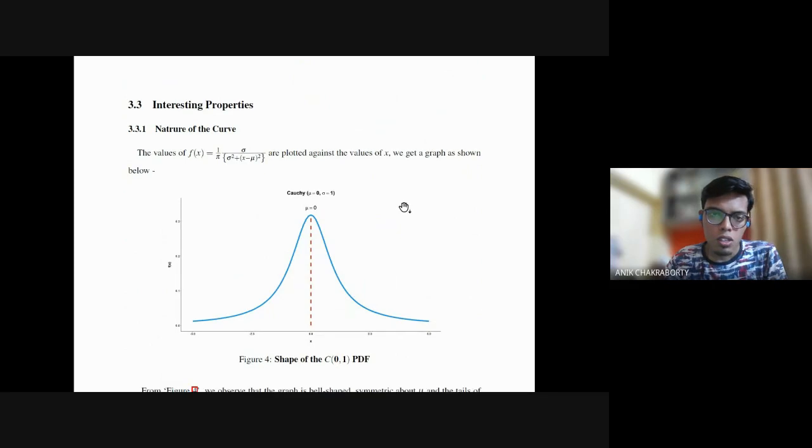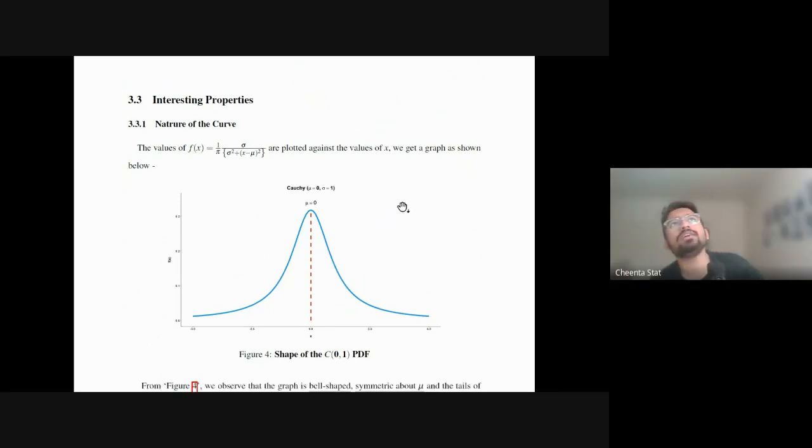I think this is the interesting reason why the errors can also be modeled by Cauchy: heavy-tailed errors. In the normal, the tails are not heavy; the tails go down exponentially.